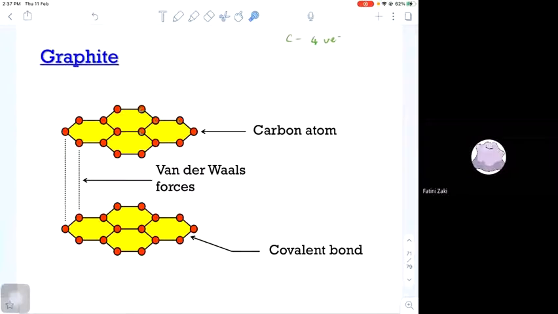Due to the presence of this delocalized electron, it will make the physical properties of graphite a little bit different from the diamond just now, in which graphite can conduct electricity but not the diamond. Diamond is not an electrical conductor, but graphite is.